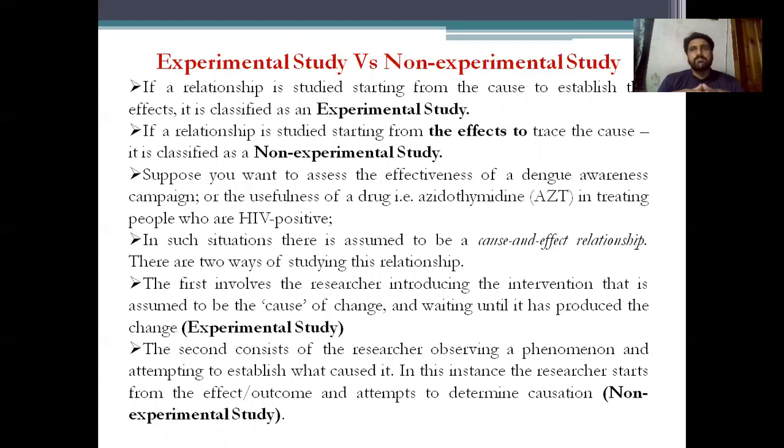For example, if you develop a disease in a mice model, and after development of the disease, you try out different therapeutic interventions, and then you establish whether those interventions have led to the progression of the disease or the disappearance of its symptoms. That type of study design, in which starting from the cause you try to establish the effects, is called an experimental study.